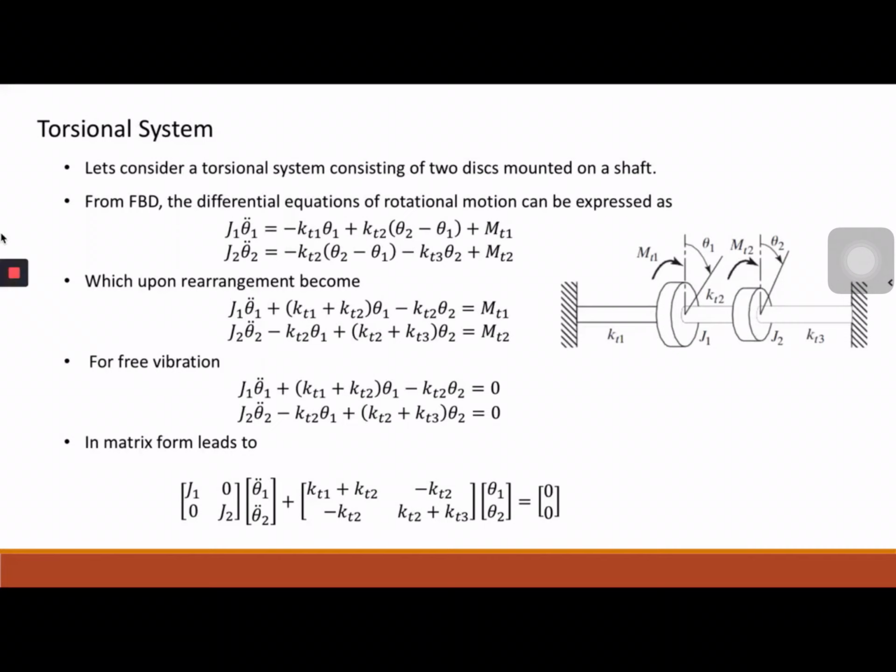If you look at the equation of motion, it's similar to the mass, damper and spring system. So we can replace J1 and J2 with M, we can replace theta with X, and then the rest will be the same. M will be the force.